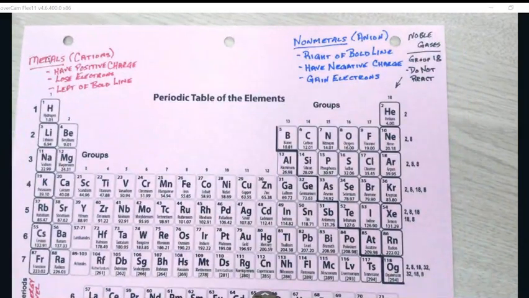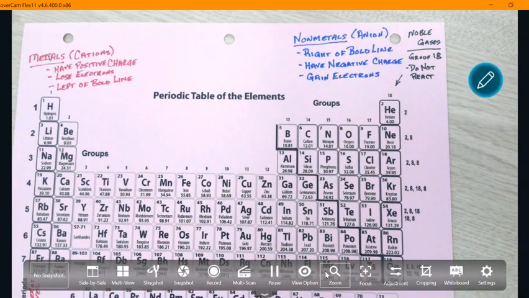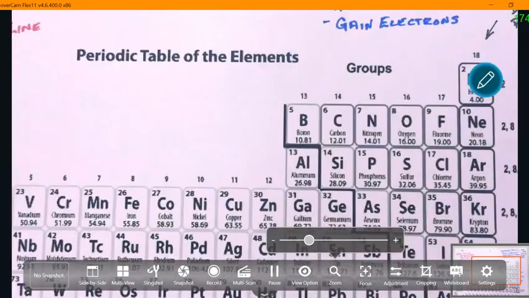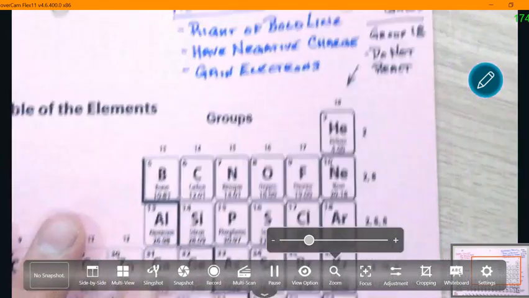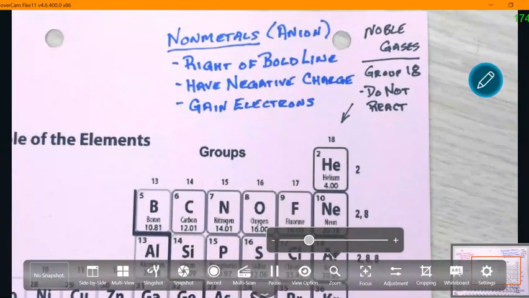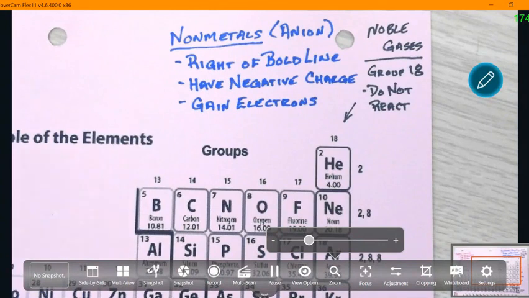Do you want me to make that bigger for you? Okay? They are nonmetals, ladies and gentlemen. However, they do not react with any other element on the periodic table.